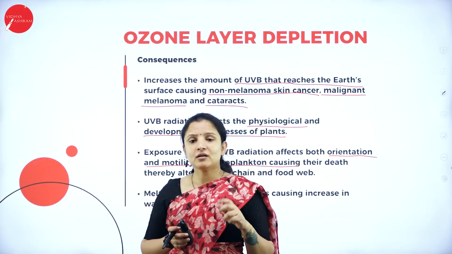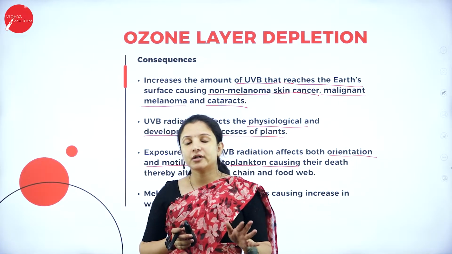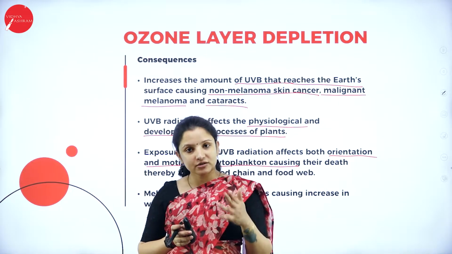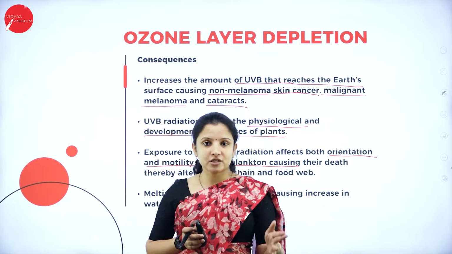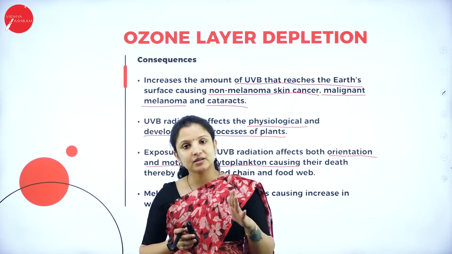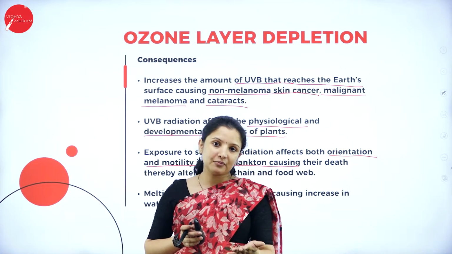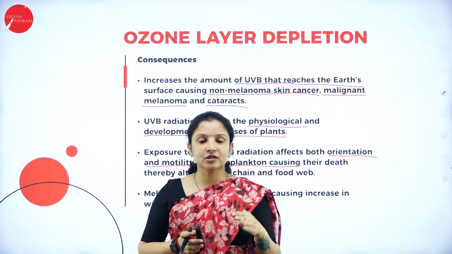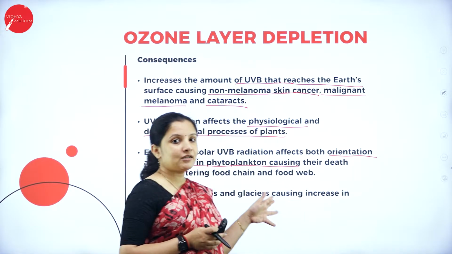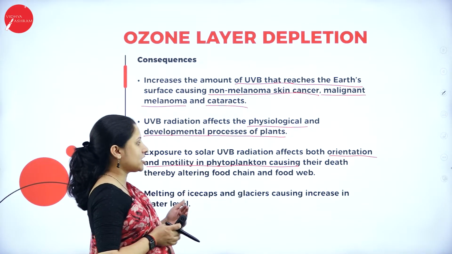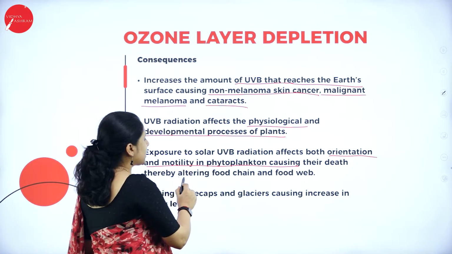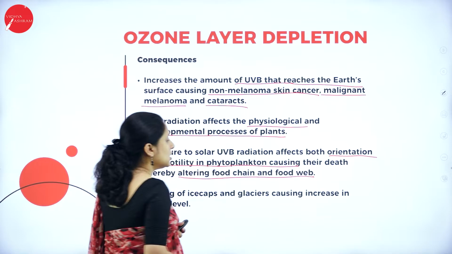Not just aquatic, in general they are very important in the food chain and the food web, because the phytoplanktons will be fed on by the fishes. The fishes will be eaten by the larger fishes and by some aquatic birds. Like that it continues. So if the phytoplankton itself gets destroyed completely because of the UVB radiation, then it will completely alter the food chain and the food web.